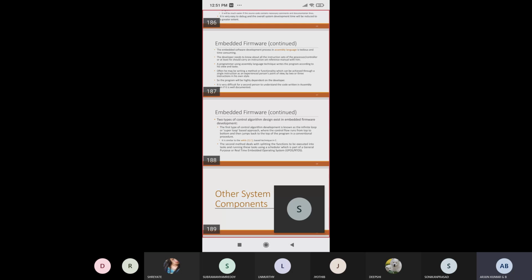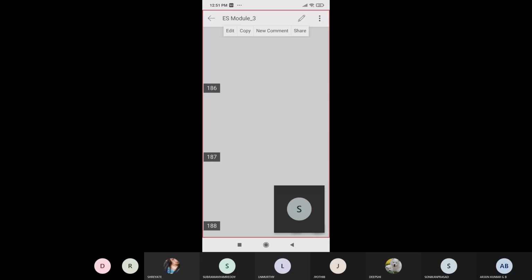One work has to be done, right? To make that work happen, we have to give a command. That command is nothing but a control algorithm. Okay, clear about this one? Any doubt regarding this? Clear? Any doubt regarding this?